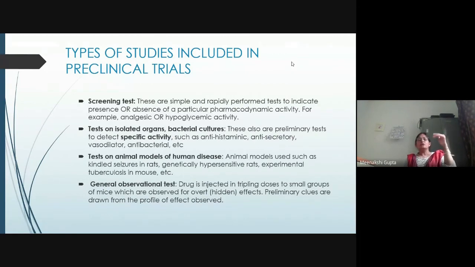Testing on the bacteria culture, the isolated organ, or a particular bacterium can all be the second step in the preclinical trial.